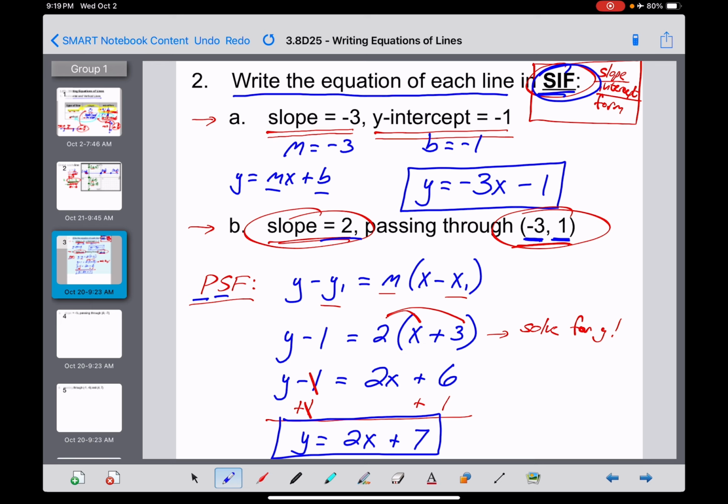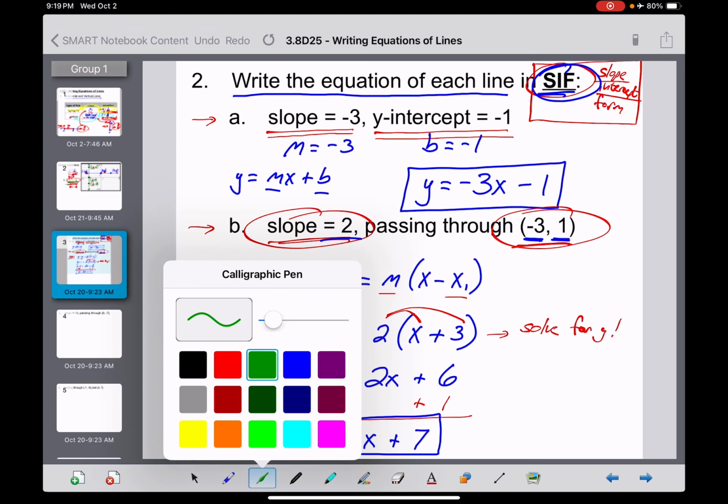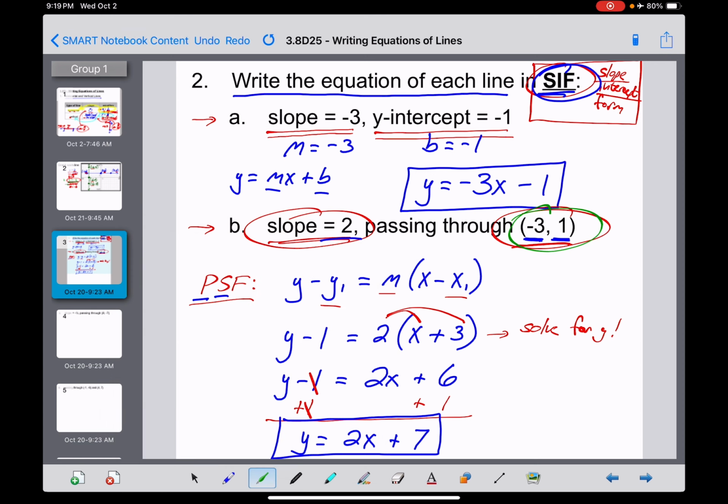And if you wanted to check this real quick, guys, which I always think is a great idea, let's take this point right here, -3, 1, and substitute it into this equation for x and for y. We should end up with a true statement when we do. So in for y, I'm going to put our y coordinate of 1.